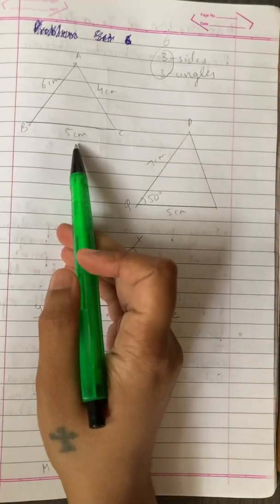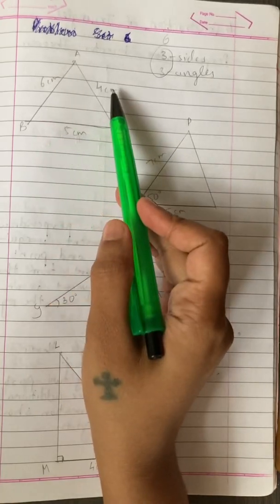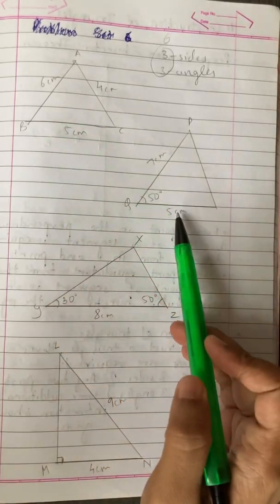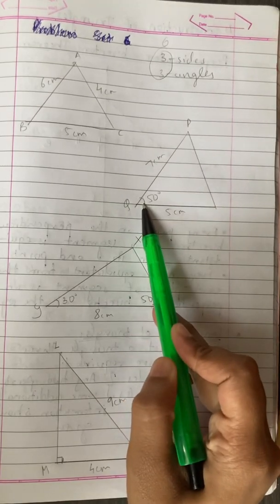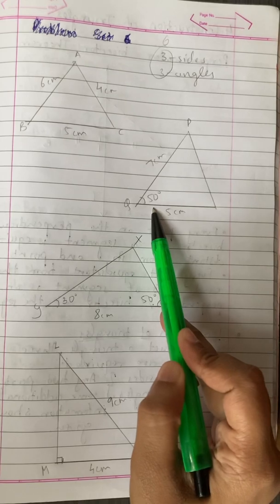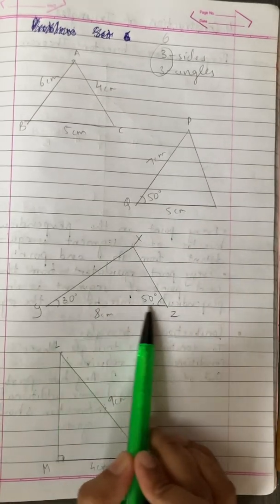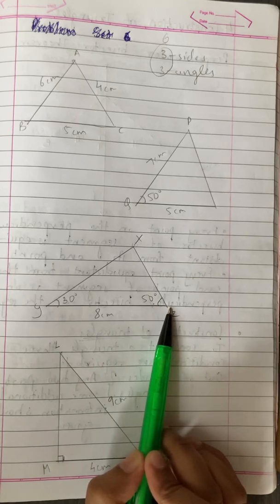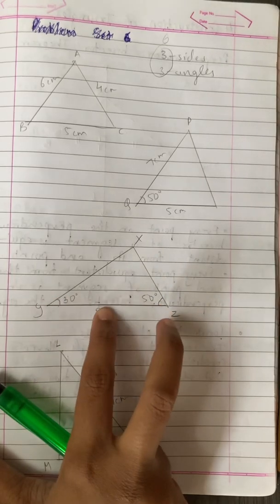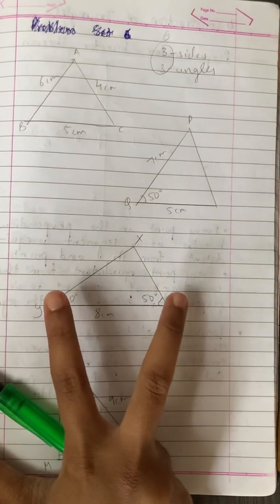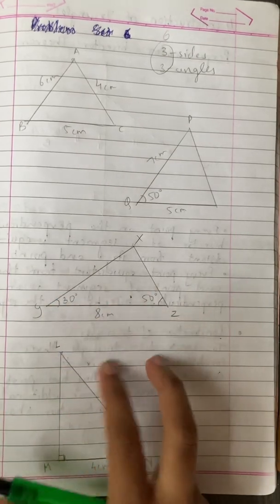The first construction you studied in standard 7 is when all 3 sides of a triangle are given. Then, when 2 sides and the angle in between them are given, you can also construct a triangle. If one side and the 2 angles attached to it are given, you can construct the triangle.